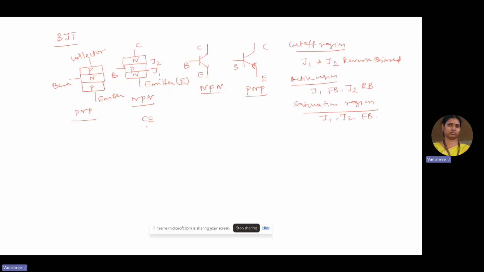If collector is common, it is the common collector configuration. If base is the common terminal, it is called the common base configuration. Out of these three, the common emitter configuration is very frequently used because of its high current gain, which ranges from 10 to 100.